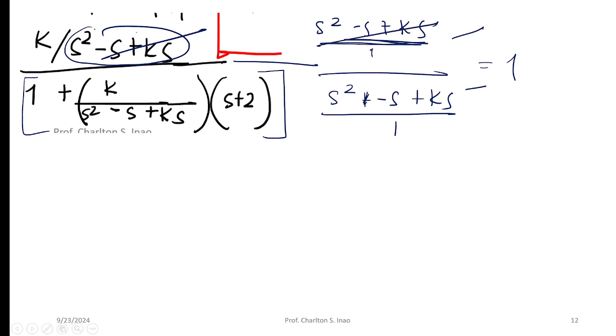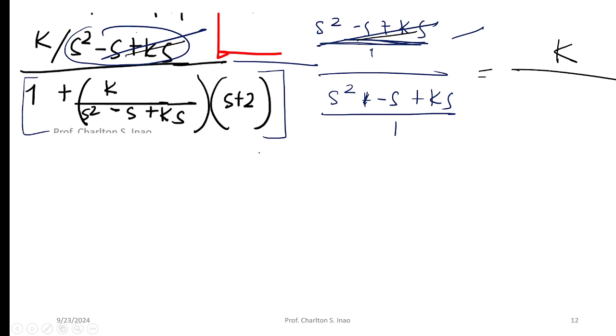What will be left is K. So here in the numerator side, it's going to be K only, right? Because this one and this one canceled out.